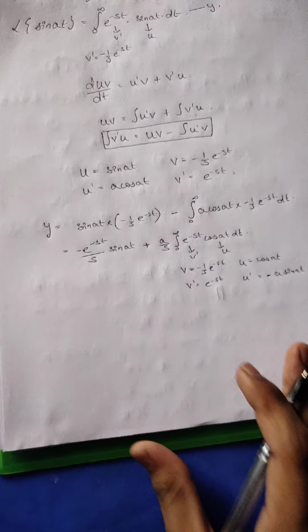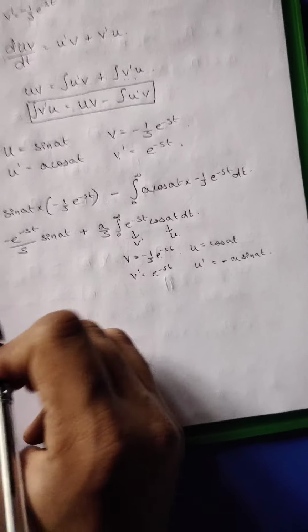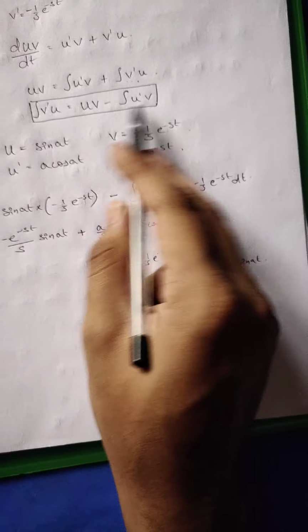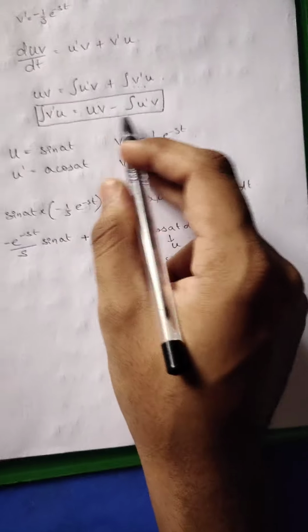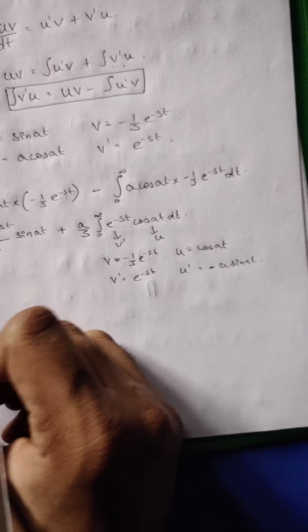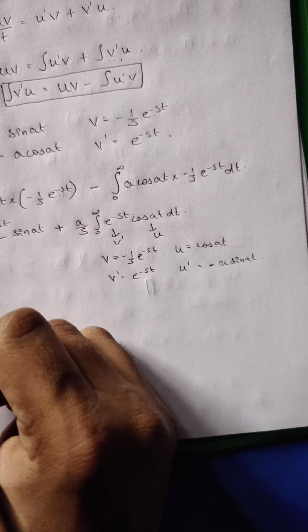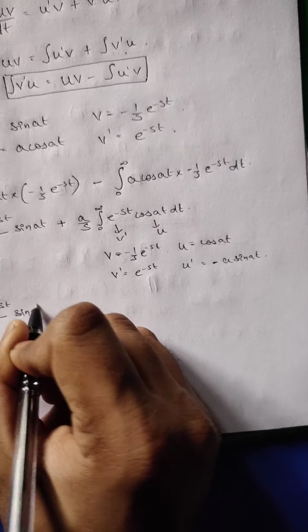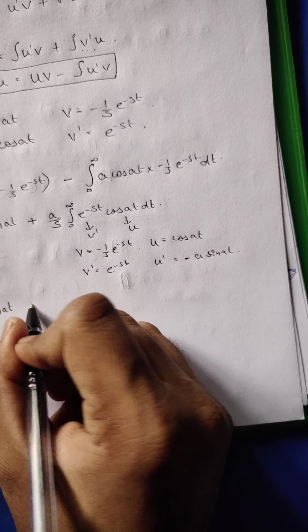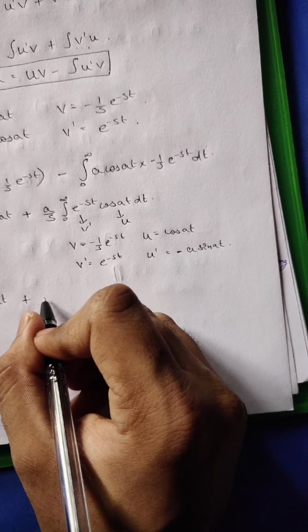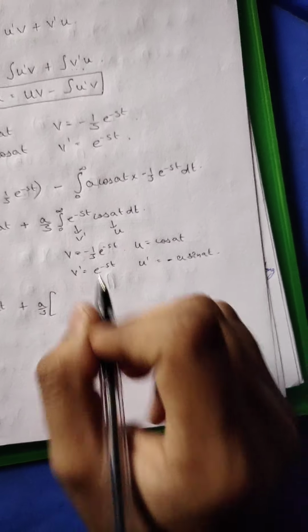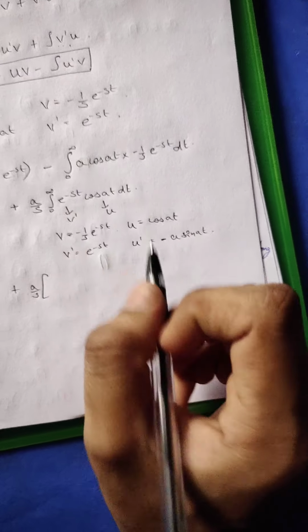Okay, now we have this. We will solve this the same way as before, so we can use this formula again over here. So minus e power minus st by s into sine of at, plus a by s into uv. What is u?